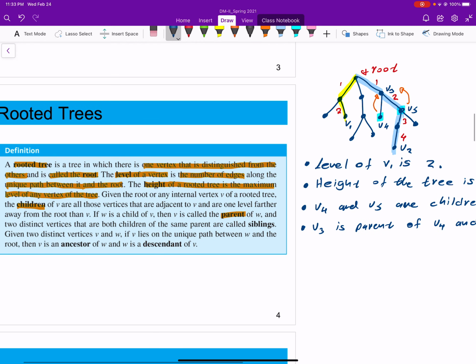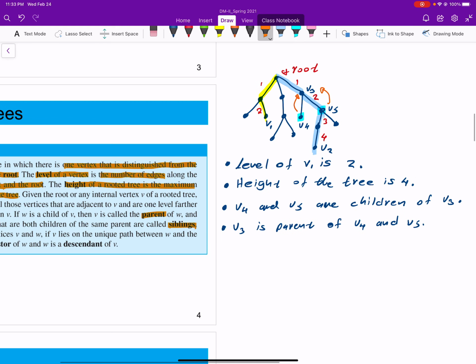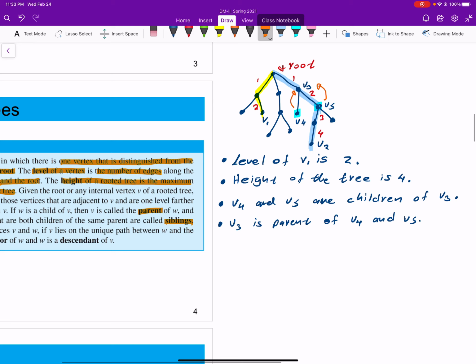All right, then we're going to talk about siblings. Two distinct vertices that are both children of the same parent are called siblings. Okay, that means if you consider again V4 and V5, they are siblings.